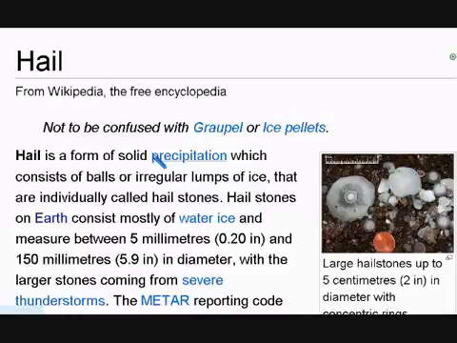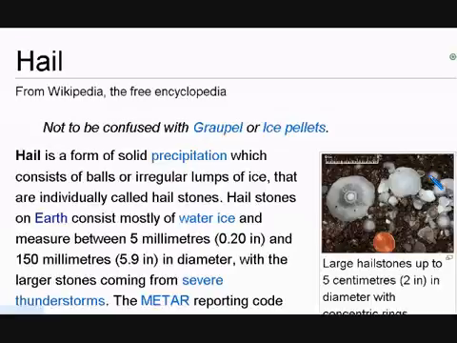Okay, it's a form of solid precipitation which consists of balls or irregular lumps of ice. So when you say which consists, it means which is or which are. So it's a form of solid precipitation which are balls or irregular lumps of ice. So here you have a ball of ice. There's another ball of ice.